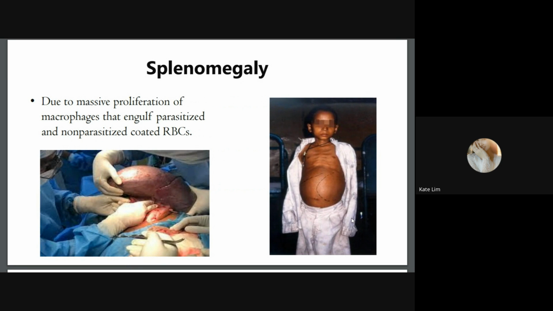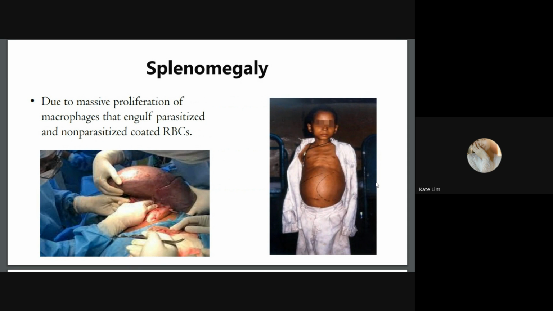So class, way back before, there were reports from tropical areas that described patients with massive splenomegaly. After ruling out other causes of splenomegaly, a condition was recognized in these regions, and we call that the tropical splenomegaly syndrome, or TSS.